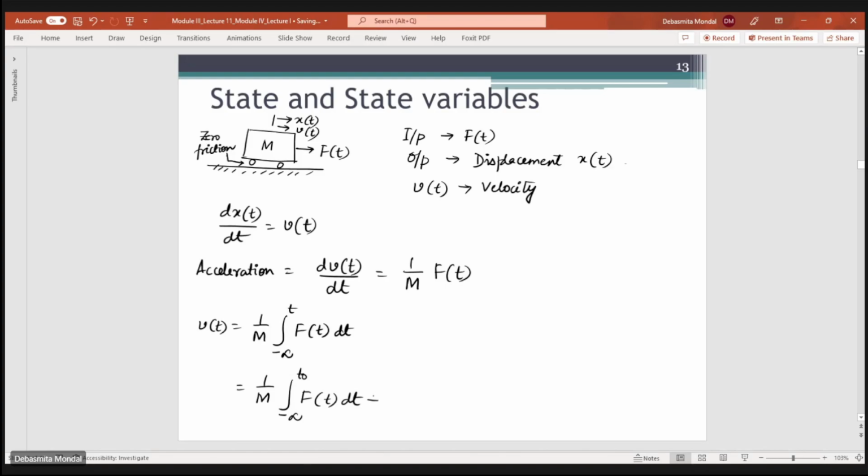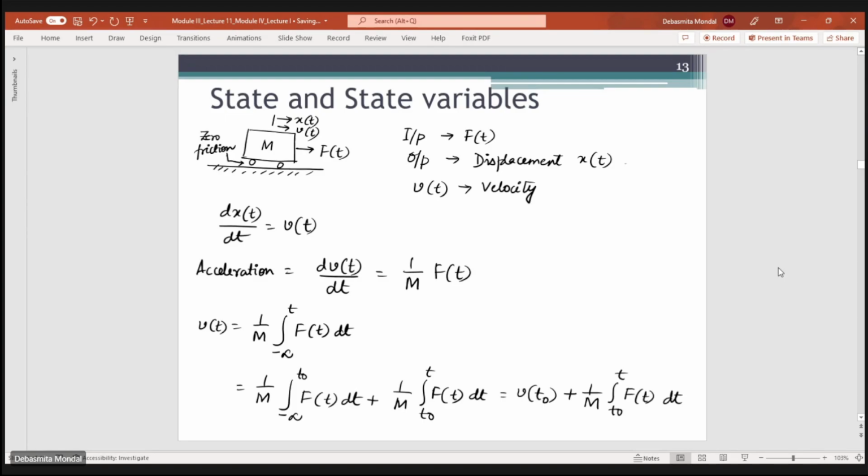The first term is basically the value of v up to point t0, so it can be written as v(t0) plus 1 by m integral t0 to t of f(t) dt. Right, so this is one thing that you have.